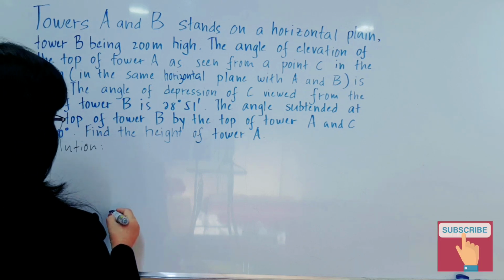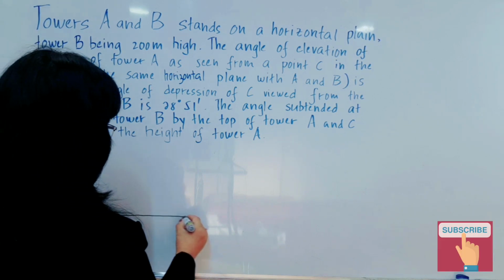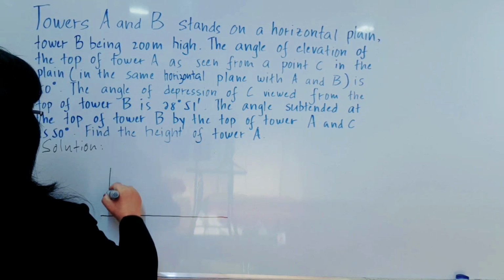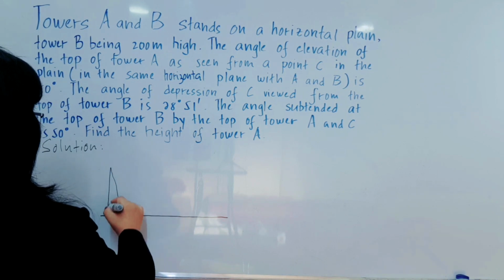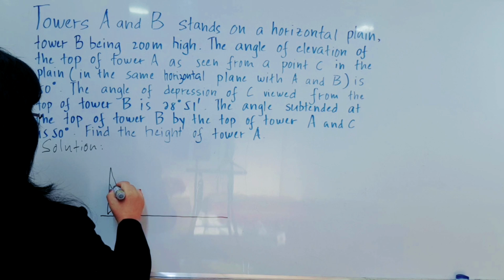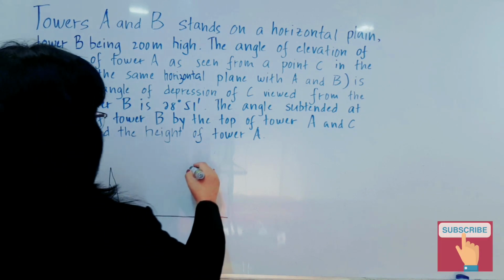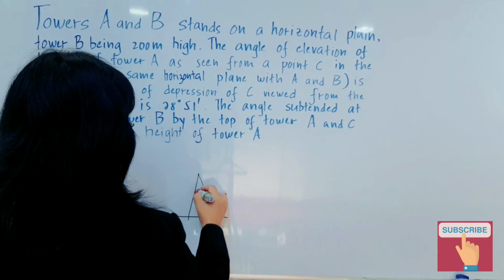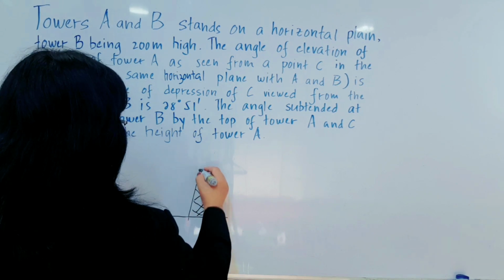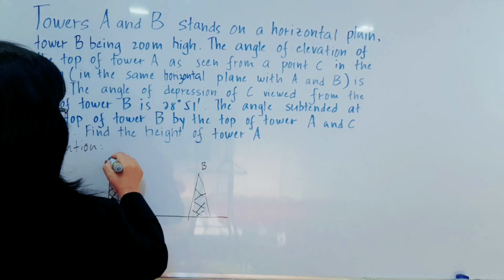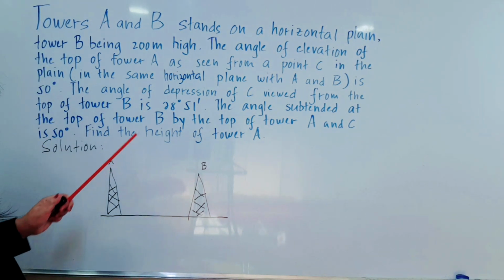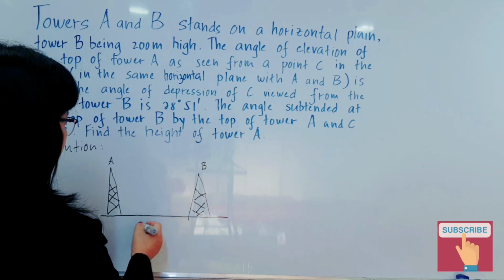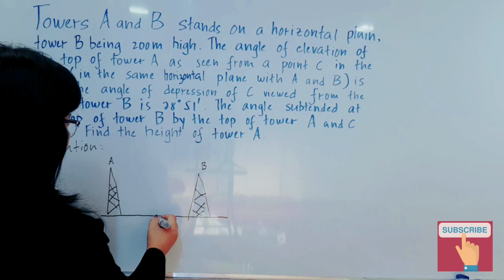So, if this is the horizontal plane, and we have, for example, Tower A, and we have Tower B, this is B and this is A, and there we observe the angle of elevation at point C on the same horizontal line with A and B. So, for example, we have the point C here.